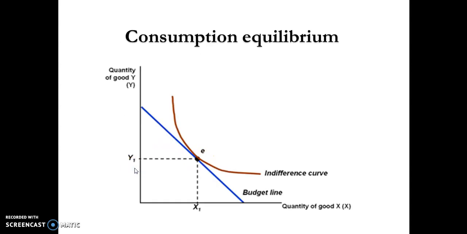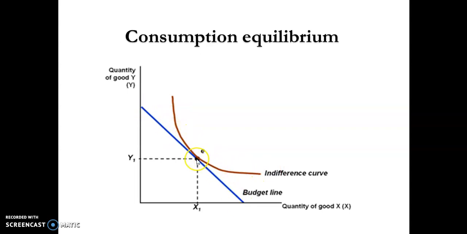So let's have a look graphically at what our consumption equilibrium would look like. Remember we had two goods, and in this example, you had your good Y plotted on the vertical axis, and your quantity of good X plotted on the horizontal axis. And we have our indifference curve and your budget line.